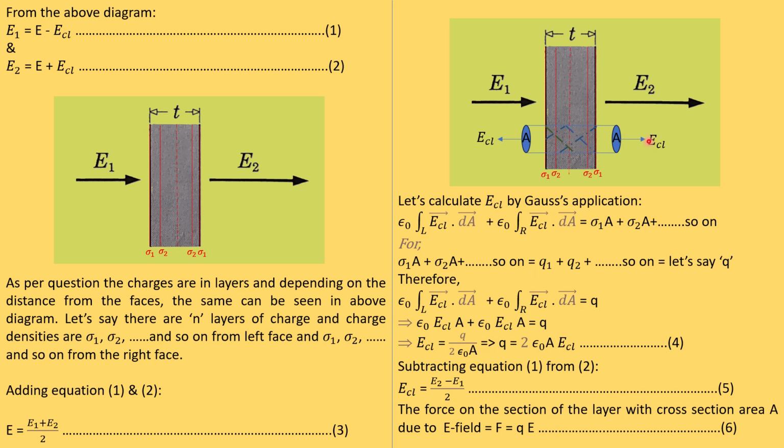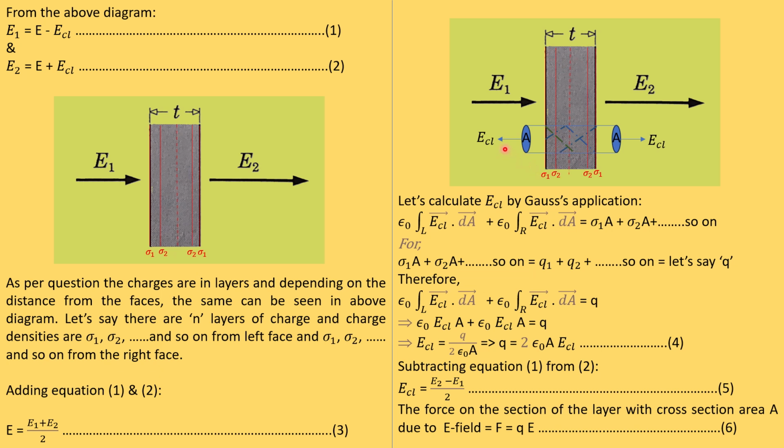So now we will apply the Gauss's law. So we will make a cylinder, the cross-sectional area of which is A. Apply the Gauss's law and calculate the charge enclosed inside this cylinder. So what will you get?